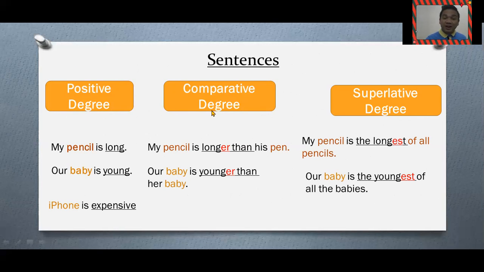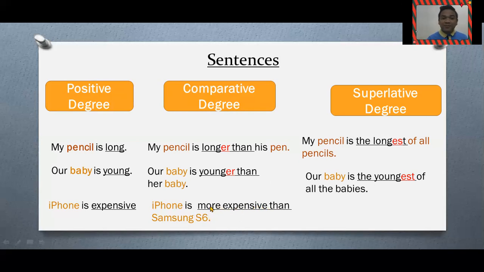In comparative degree, you have to add more than, or more expensive than. So you'll say iPhone is more expensive than Samsung S6. So how many nouns are being compared here? Two, iPhone and Samsung S6. Okay, iPhone is more expensive than Samsung S6.